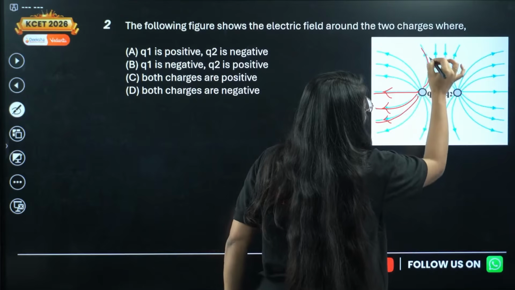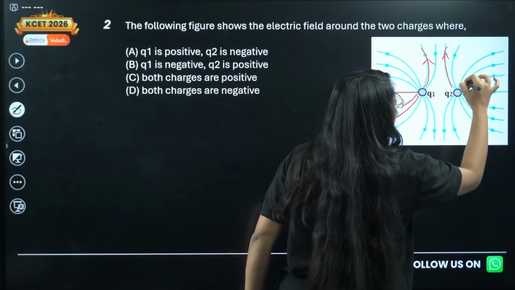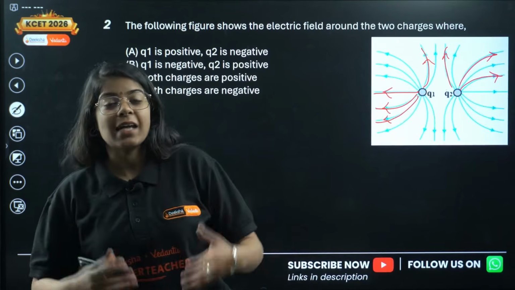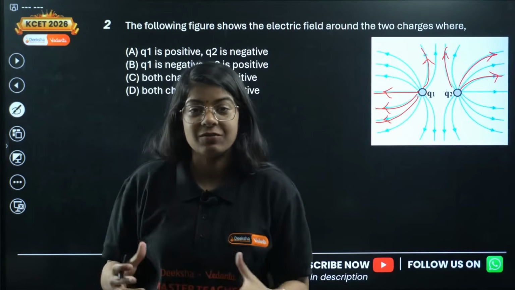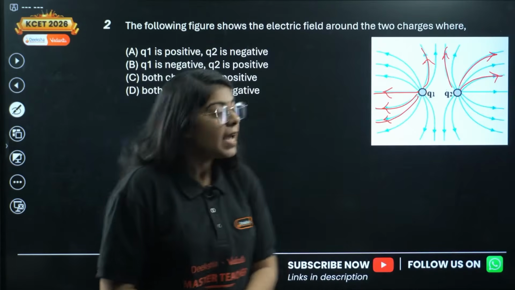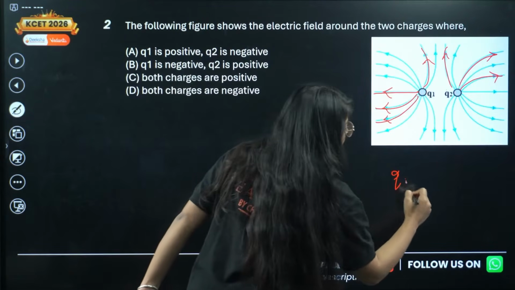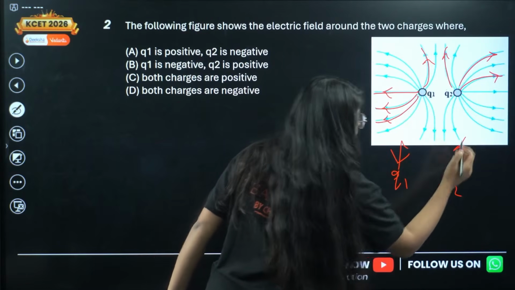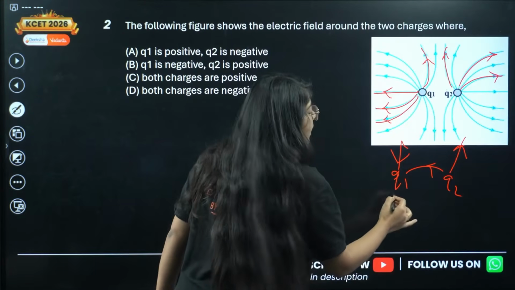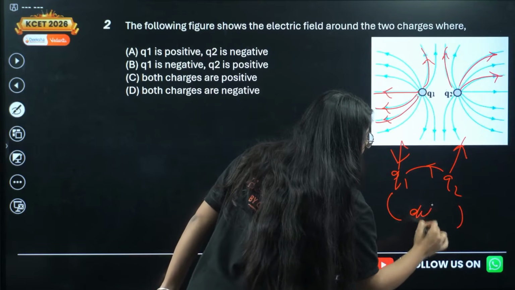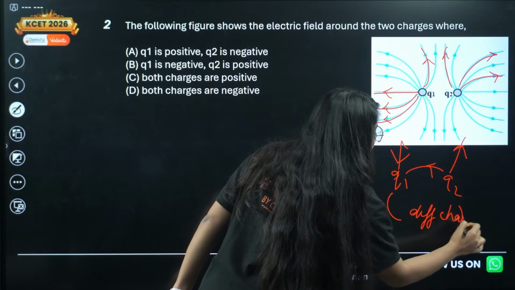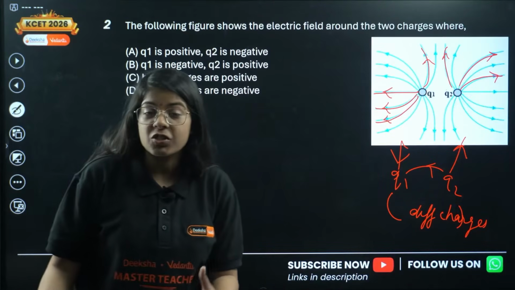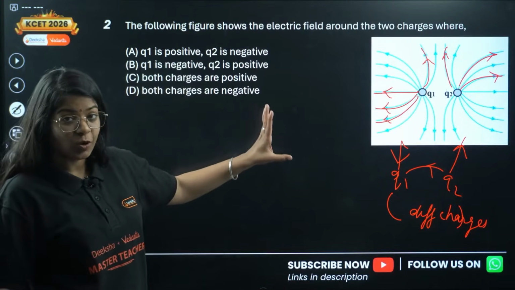That means the electric field is going outwards in both the cases, and we know electric field is outwards only for the positive charge in such kind of cases. If it would have been something like this, that it's going in here and it's going out from this charge, then it will be of different charges, correct? But here the electric field lines are going outwards for both the charges, that means both charges are positive.